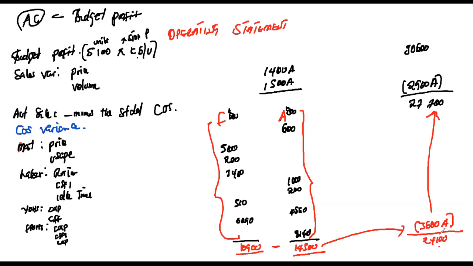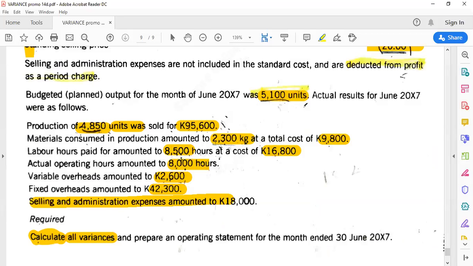Anything else that we have there? We are also going to remove the sales and admin costs, so we see the actual profit they made. How much were the sales and admin expenses? 18,000. Remove those costs from that figure so that you come up with a real profit.